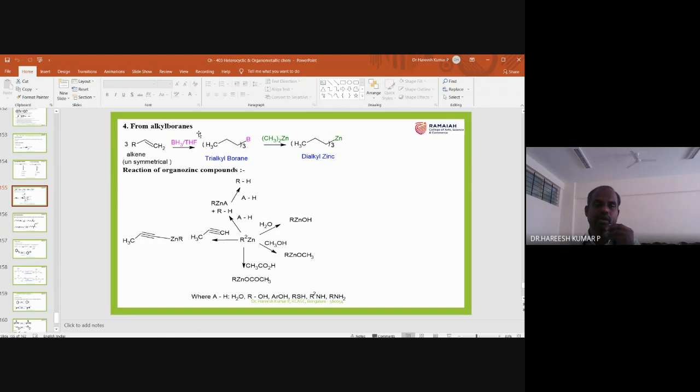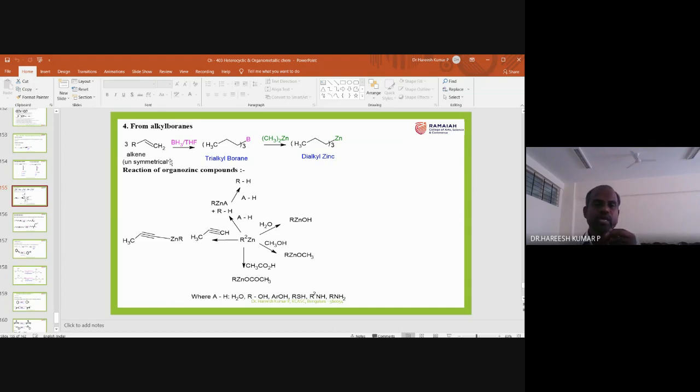One molecule of borane will form a bond with this carbon, and H minus will add to this carbon. So the bonded pair attacks B, and H minus attacks this carbon. The obtained one is called monoalkyl borane.